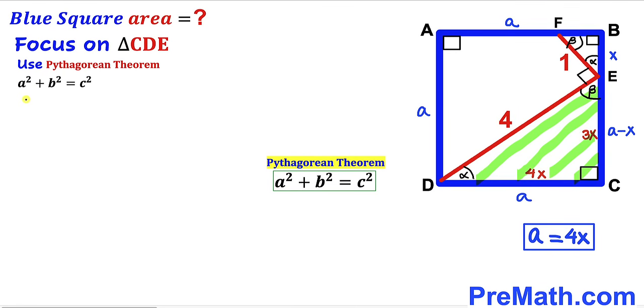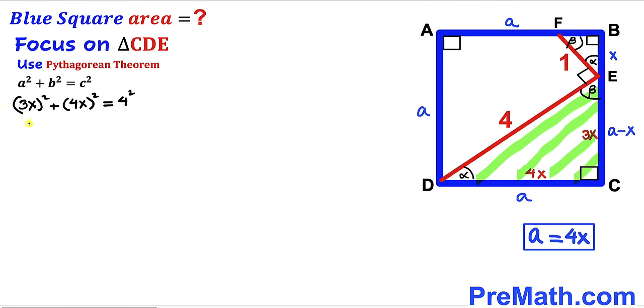Let's fill in the blanks in this formula. We get 3x whole square plus 4x whole square is equal to 4 square. Let's simplify. That gives us 9x square plus 16x square equals 16, which gives us 25x square equals 16.